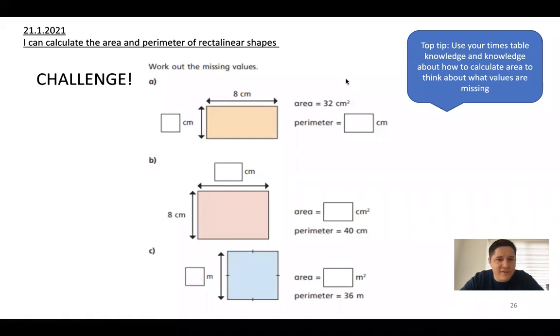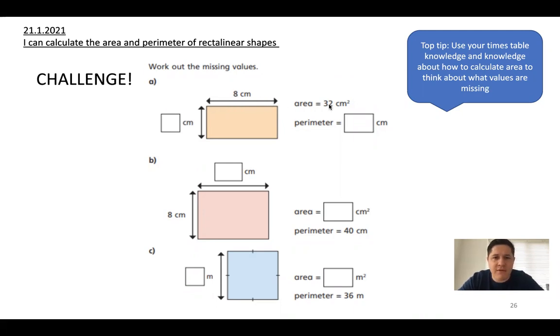Finally, on Thursday, we've got our challenge questions. Here you've got some missing values that you need to find. You might want to use your times table knowledge, like it says in the top tip, to work out what's missing. So, for example, something is missing here, and I know that that length is 8 centimeters.